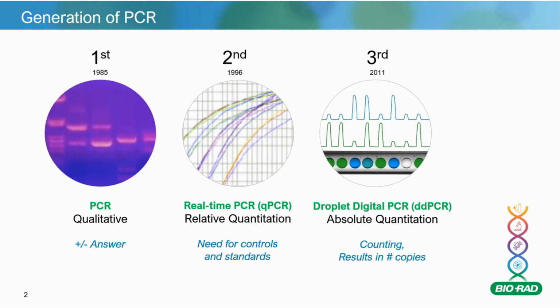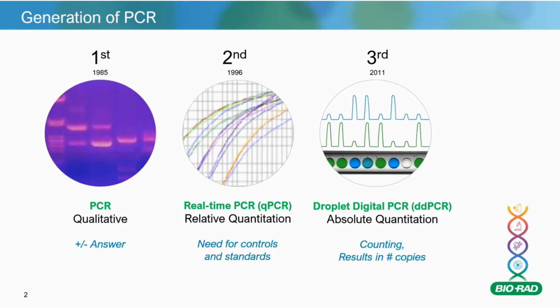That's the one where you run your PCR on an endpoint thermocycler and you get a yes/no answer. You just get bands when you run a gel, and that gives you a presence-absence detection test. Still really commonly used and a great technique, but it has some limitations. As you know, there's no quantification method, and sensitivity can be a bit lacking as well.